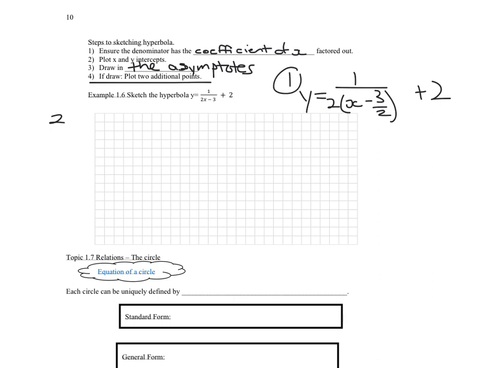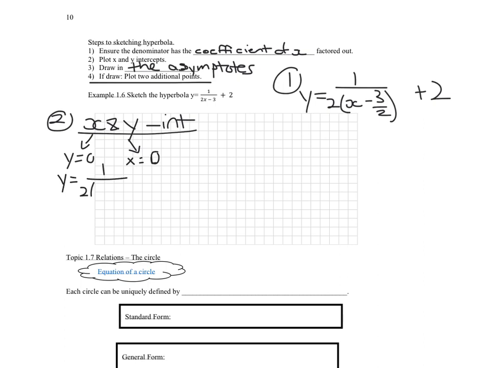Step 2 is plot your x and y intercepts. So remember, the x-intercepts are when y equals 0, and the y-intercepts are when x equals 0. Y-intercepts are often easier to find than x-intercepts, so we're just going to find that by substituting in x equals 0. So y is going to equal 1 over 2 times 0, take 3, plus 2.